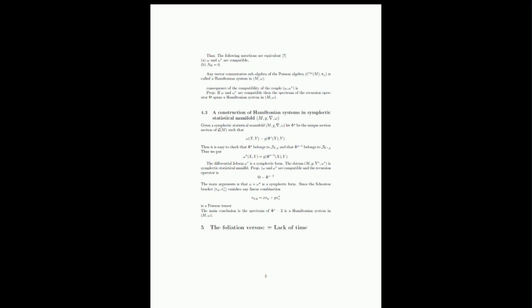More than that, this symplectic structure is obtained by an invertible solution of the Joyce equation. If you take the inverse of this, it is also a solution of the Joyce equation, but for the dual statistical structure.